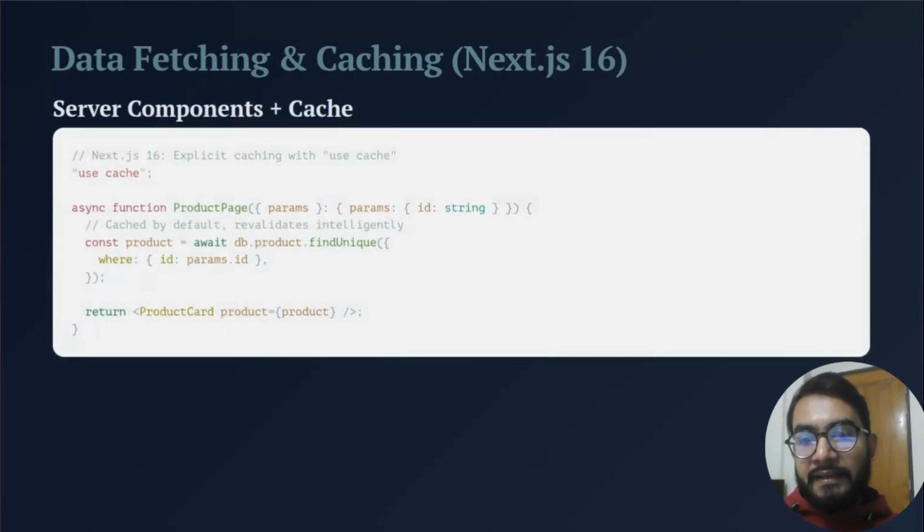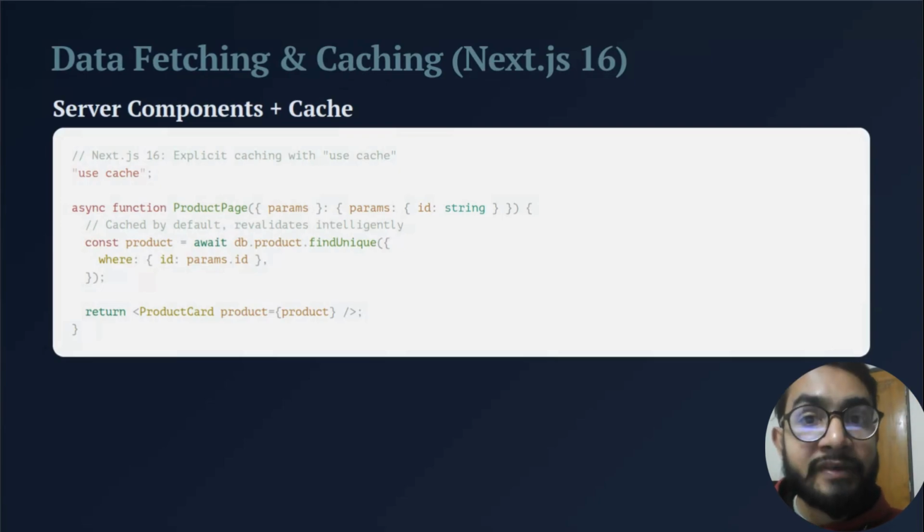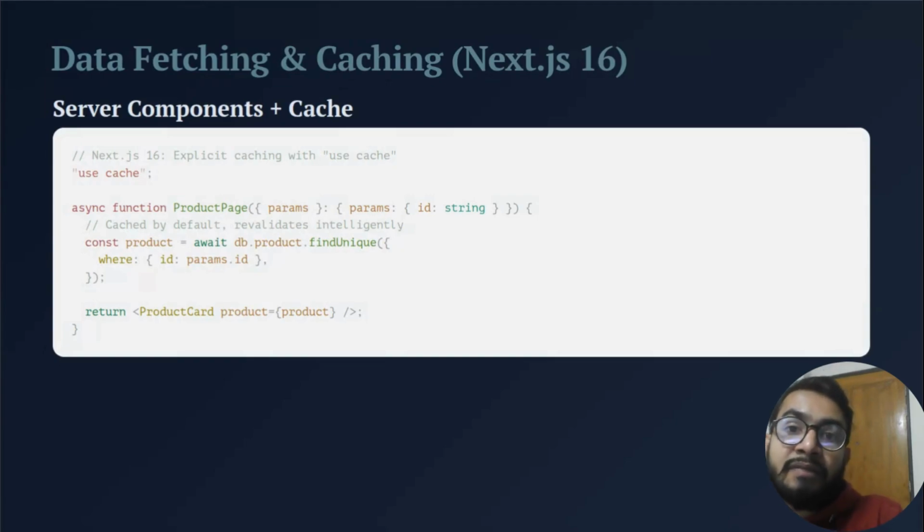Well, on the page.tsx file, what you can do is data fetching. Instead of fetching the data in the client, you can fetch the data on the server. So what is the benefit of it? When the user navigates to the page, the data is already ready because it was already prepared on the server.